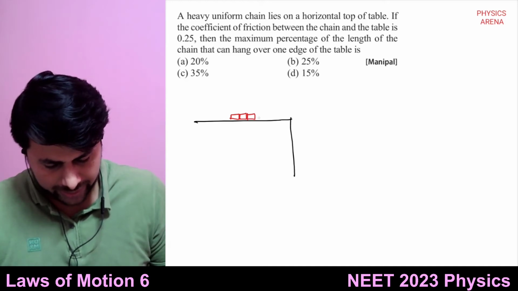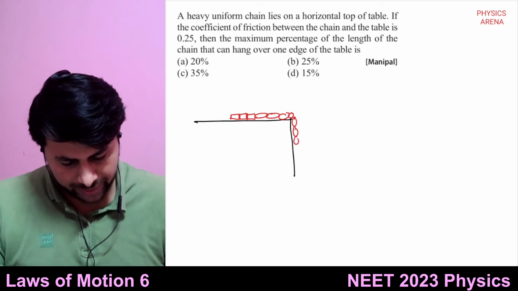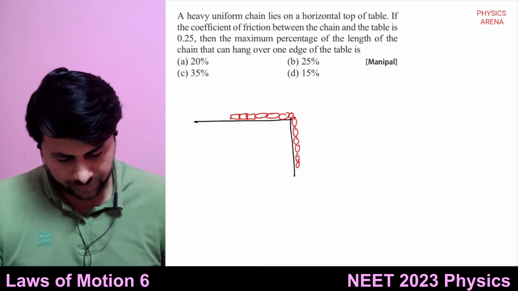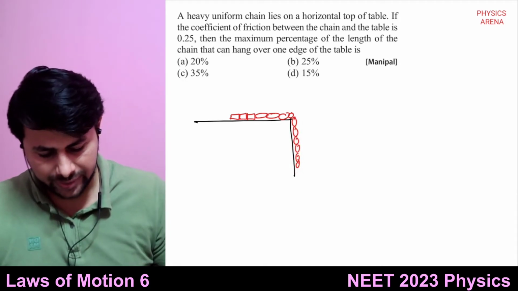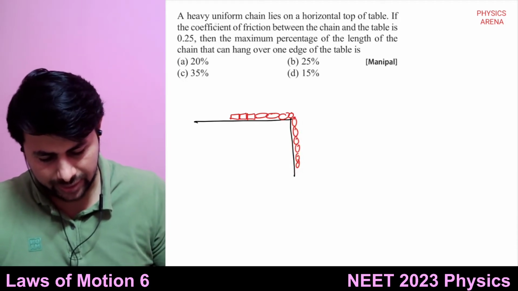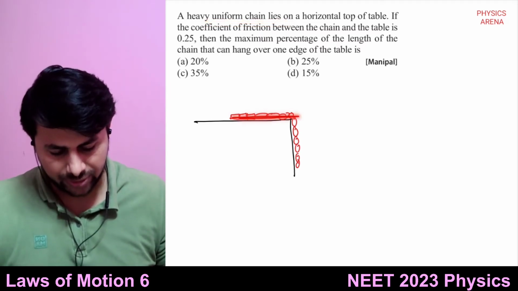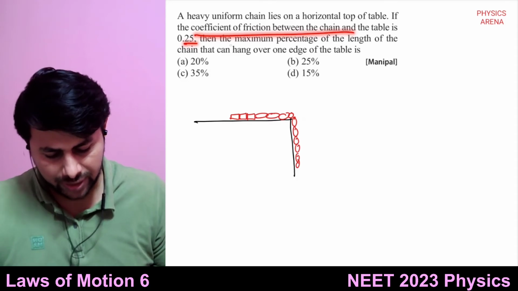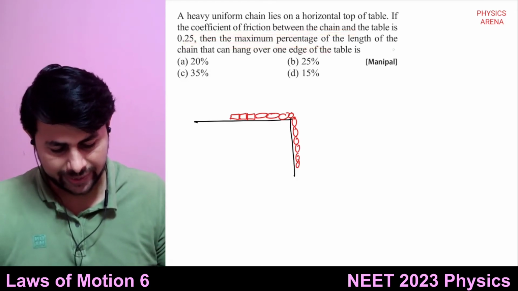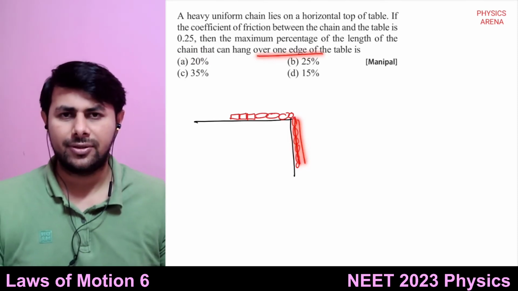Okay, so I will just pass forward the drawing process. This is the chain. So its one end is hanging like this. So what's given? A heavy uniform chain lies on the horizontal top of the table. We have to find the maximum percentage of length of the chain that can hang over one end.